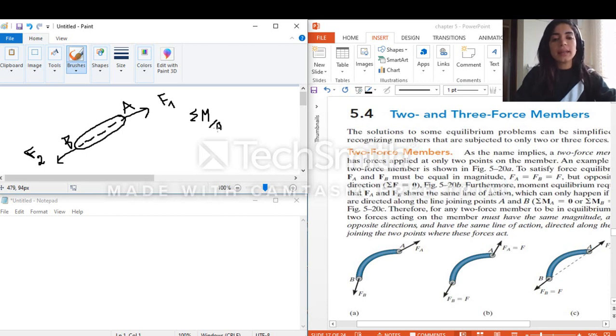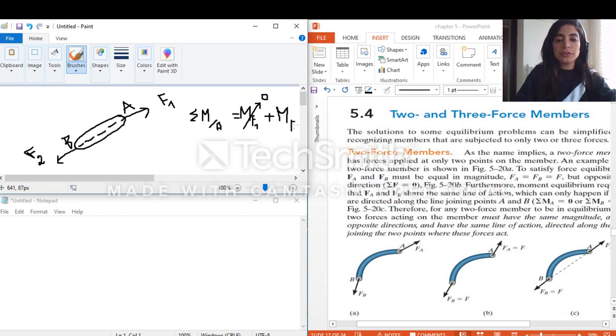I know, guys, that F1 passes by A, which means that the moment of F1 around A should be equal to 0 because F1 is passing through A, and that's why I take point A. And then I will have the moment of what?